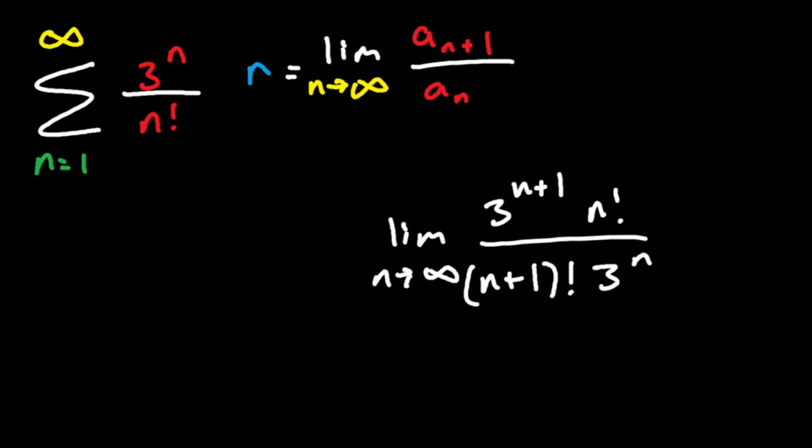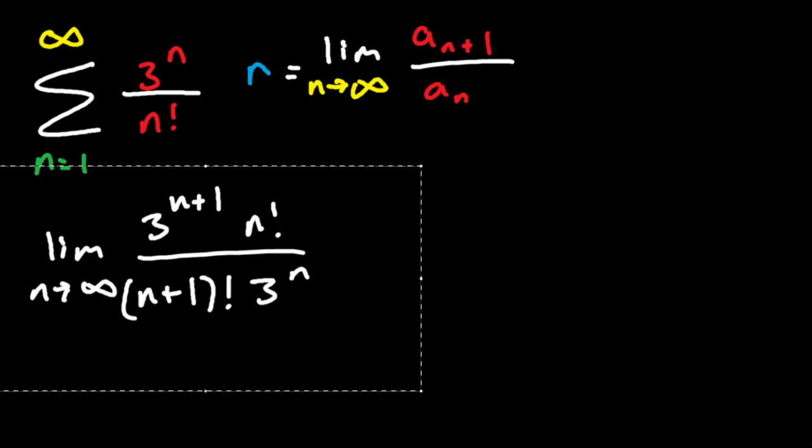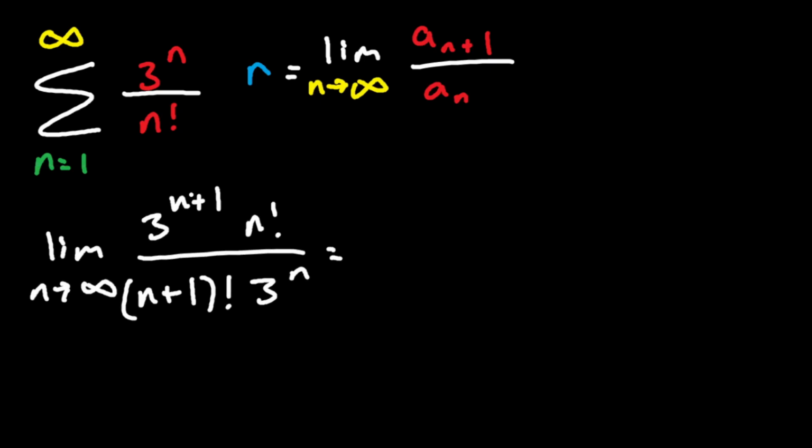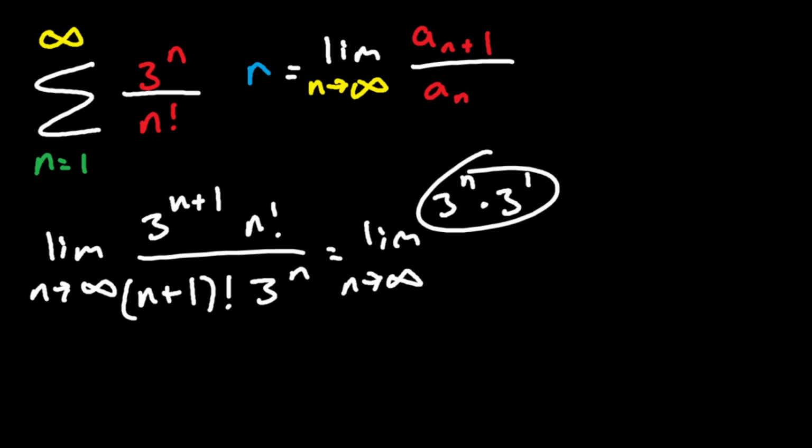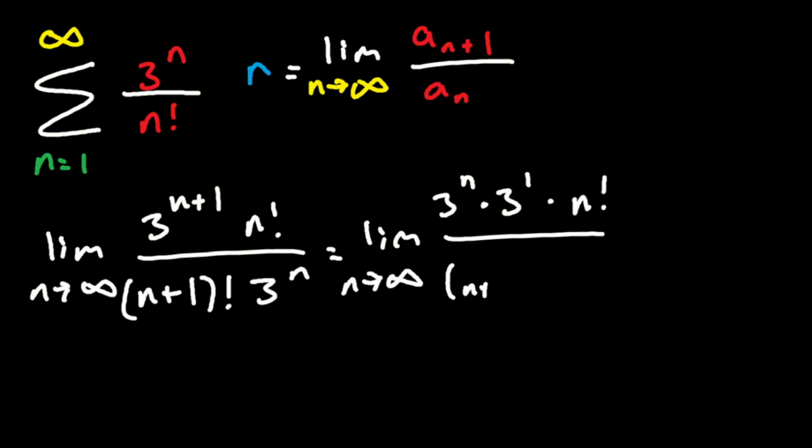Once you have this limit, you can simplify this even further by expanding this exponent and expanding this factorial. How do you do that? Well, we can expand this exponent by using some exponent rules. So you have 3 to the power of n times 3 to the power of 1. If you multiply two exponents with the same bases, all you do is add their exponents, n and 1. And this is times n factorial over n plus 1 times n factorial.